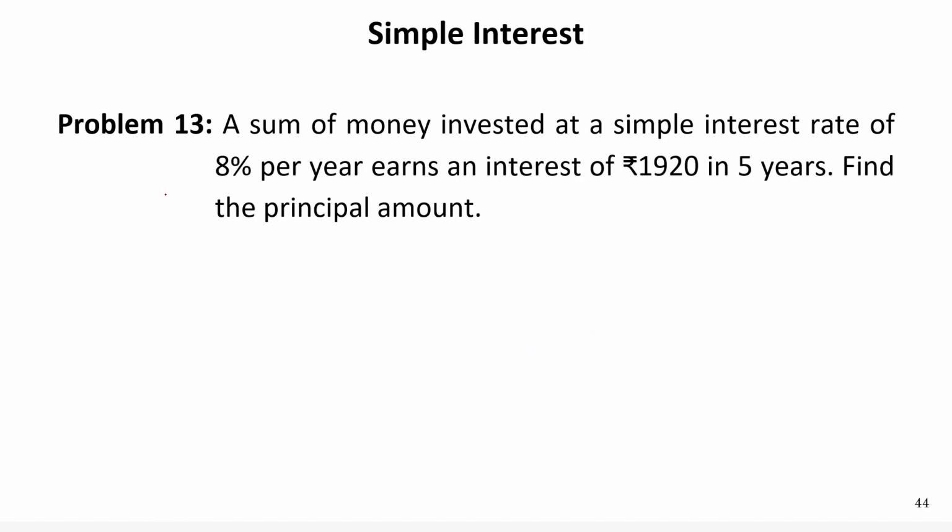Let's see problem number 13. Okay, so a sum of money is invested at a simple interest rate of 8% per year and earns an interest of 1920 in 5 years. Then find the principal amount.